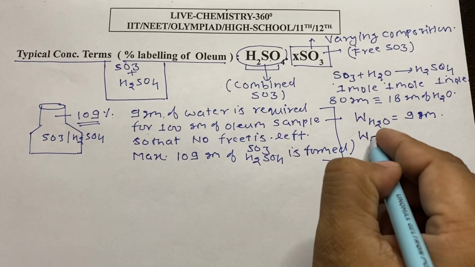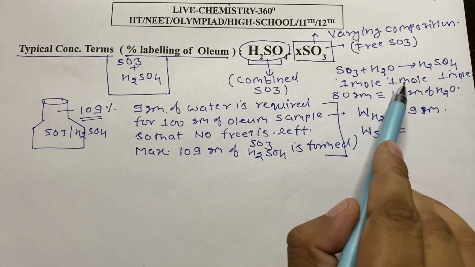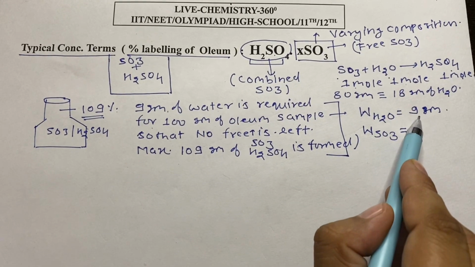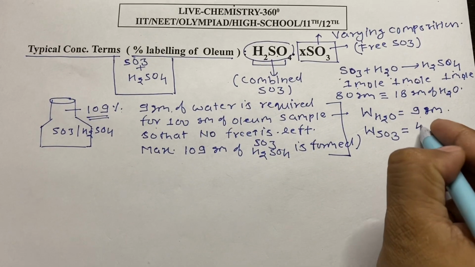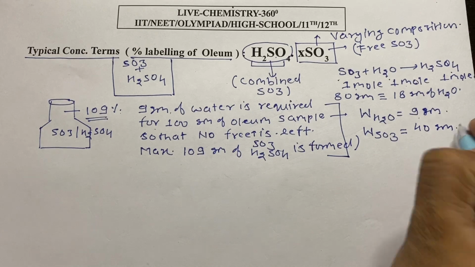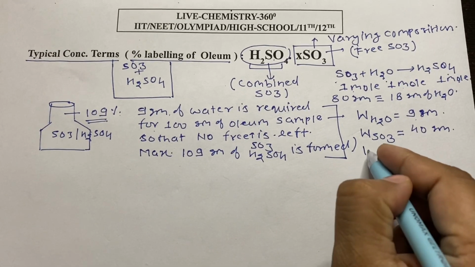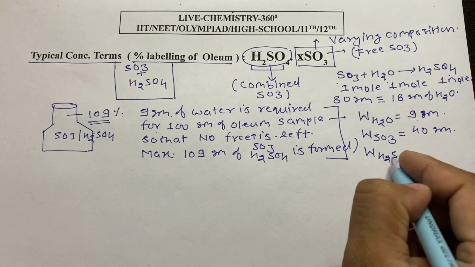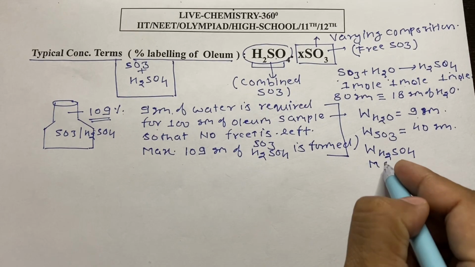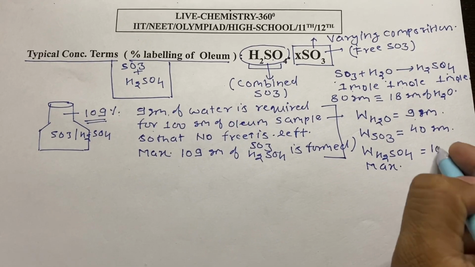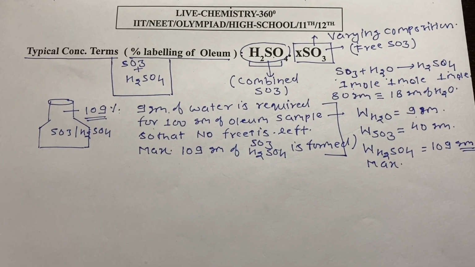We know that 1 mole of free SO3 requires 1 mole of water, so 9 gram, which is half a mole, means 40 gram of free SO3. The maximum mass of H2SO4 will be equal to 109 gram, where no free SO3 is left.